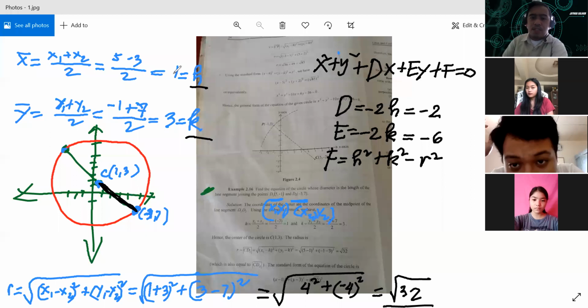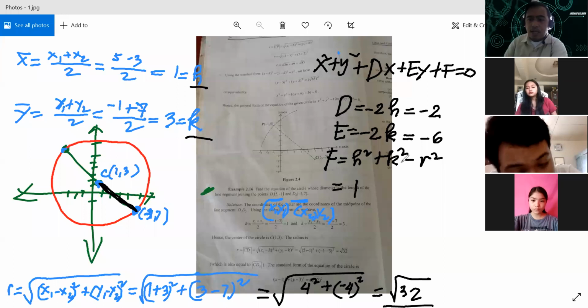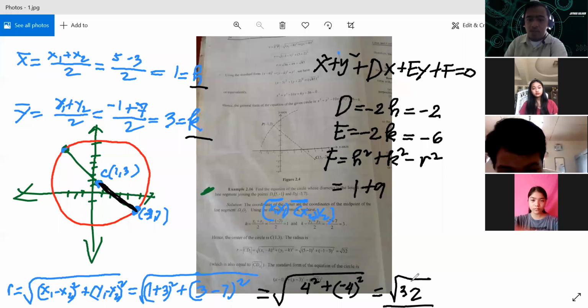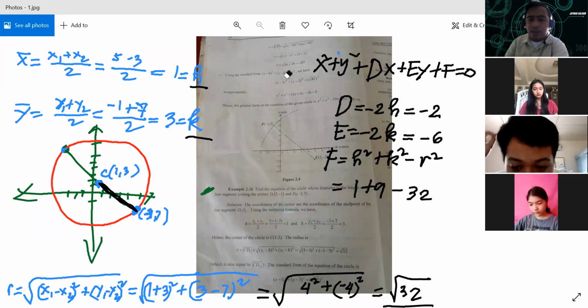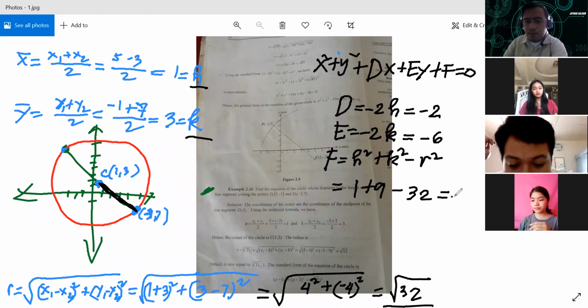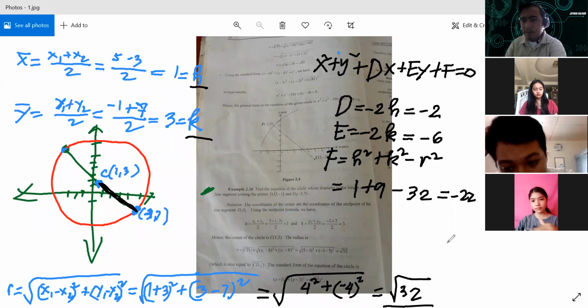So your h squared, 1 squared is also 1. Your k squared, 3 squared, that is 9, minus your r, square root of 32. You take the square, that is 32, right? So if you simplify your f, that will be equal to negative 22, right? Because this is just 10. Sakto?